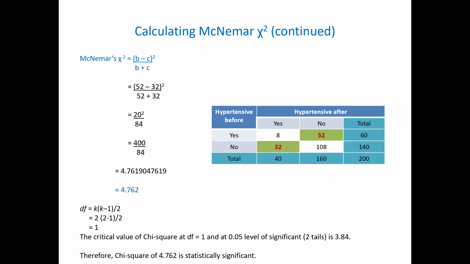Before I continue, there's an alternative way. McNemar is so simple, knowing that it's only B and C, the discordant pairs, that you are using.